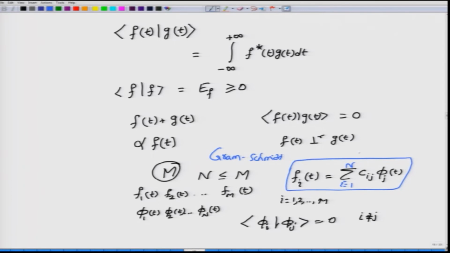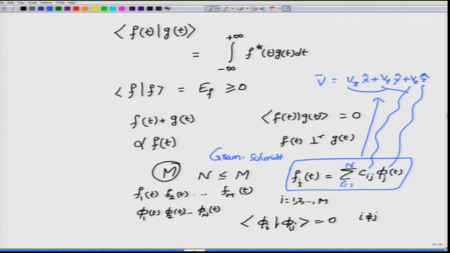Now, here is an interesting thing. Look at the way we write a vector v, which is written as Vx x hat plus Vy y hat plus Vz z hat in 3 dimensions, of course, otherwise you will have to write this in multiple dimensions. Now, it is very clear that each of these phi j's are like the unit vectors, and each of these Cij's are like the 3 components or many components of the vector v along x, y and z.